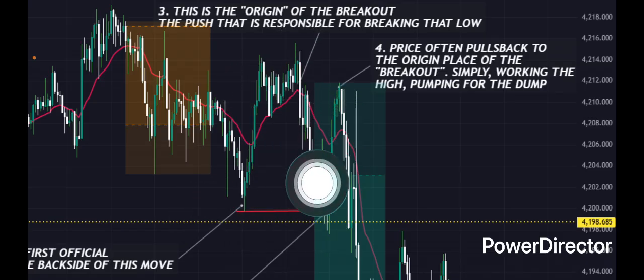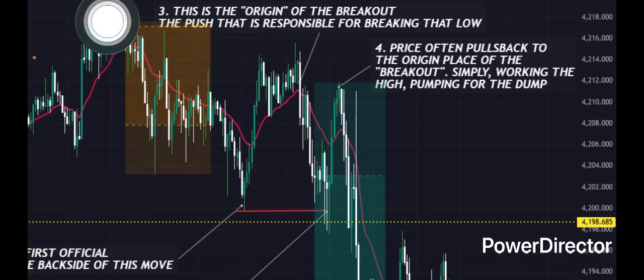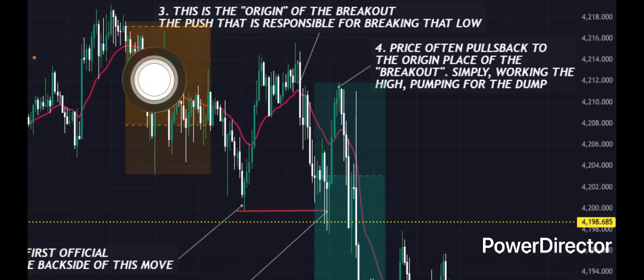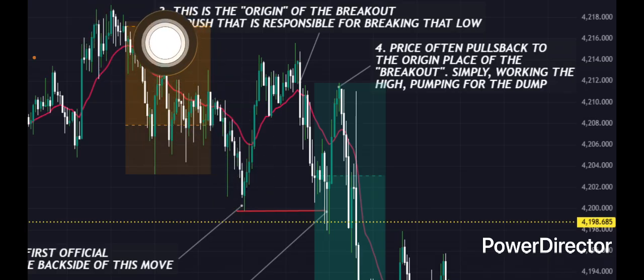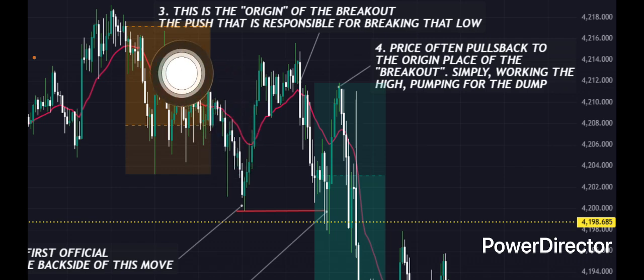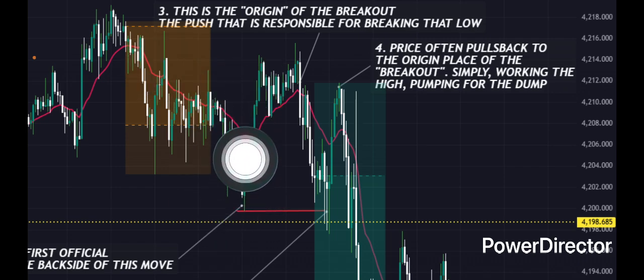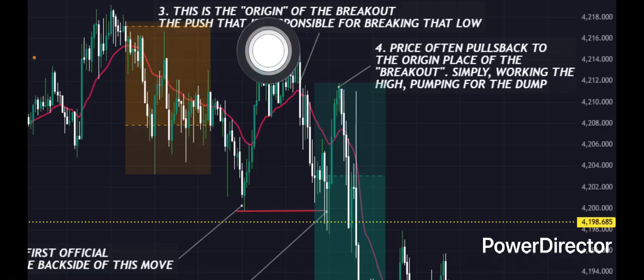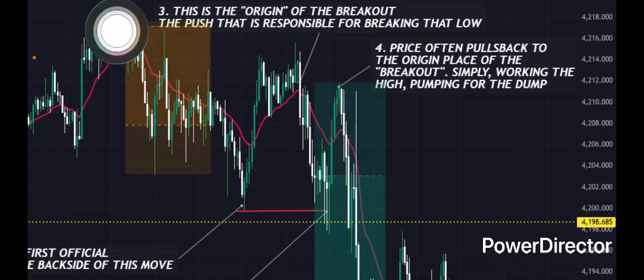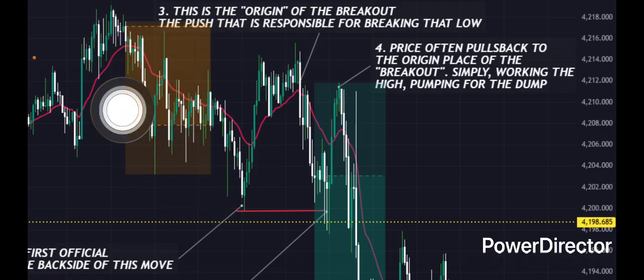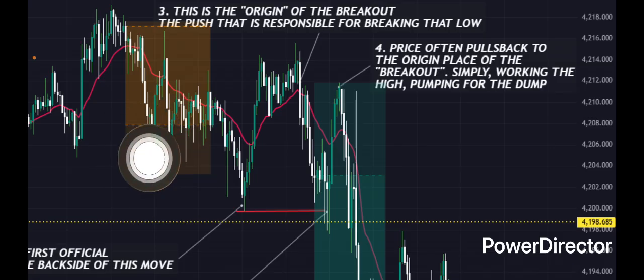And you can see this is a perfect example. Same way right here, the London session, right? You could say this push or even this push is responsible for this initial lower low. And then when it pumps up, we pump back up into these highs, back into the origin of that breakout, okay? Which even could have been right here where we break this low, okay?